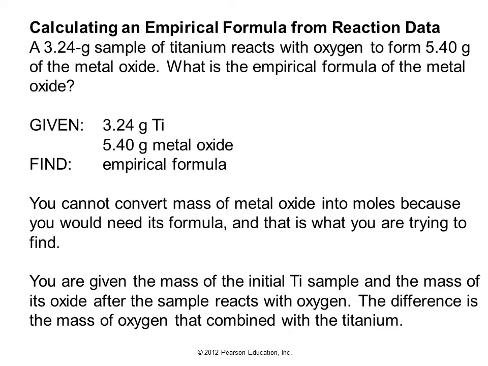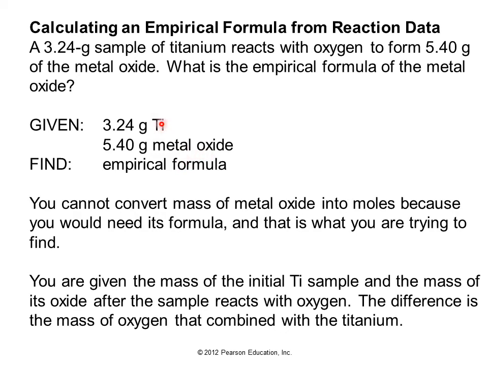For instance, suppose we want to calculate the empirical formula from reaction data. We found that 3.24 grams of titanium reacts with oxygen to form 5.40 grams of metal oxide. With these given quantities, you have to use the law of conservation of mass to determine the mass of oxygen.